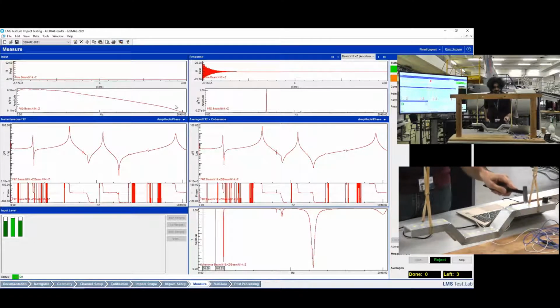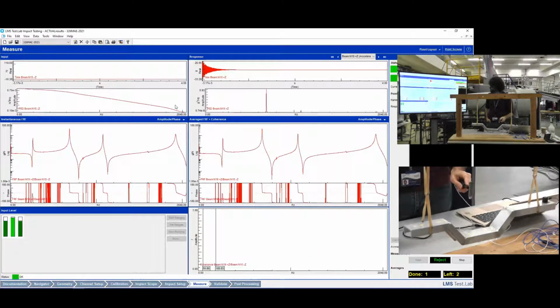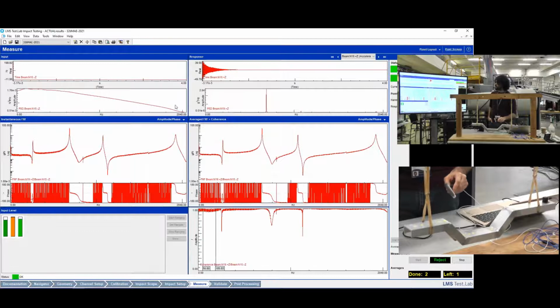Point 15. Now, if you make a mistake, I'm going to make a deliberate mistake, say a double impact. Of course, your average will get screwed. Okay, so this is horrible now.